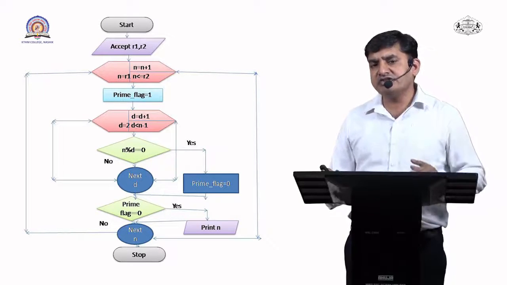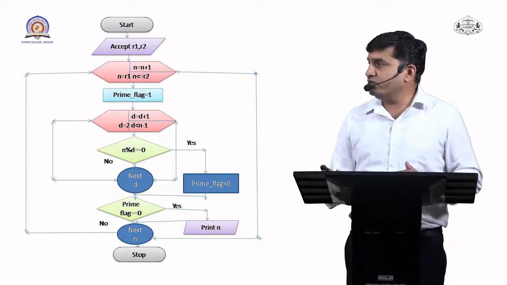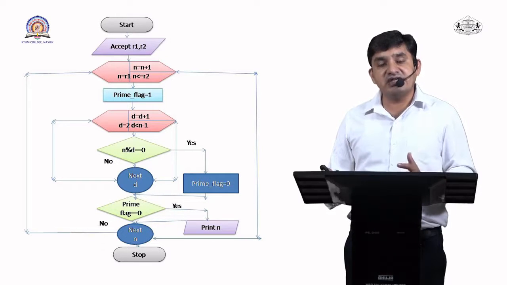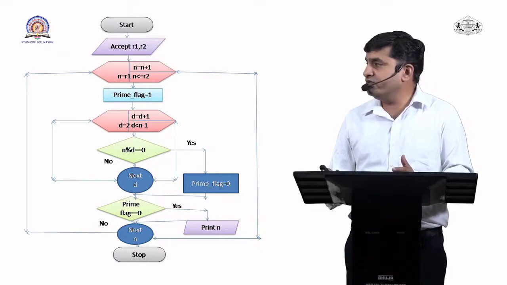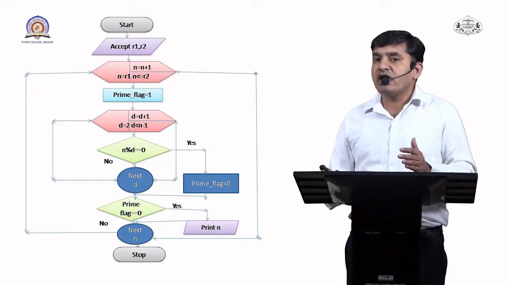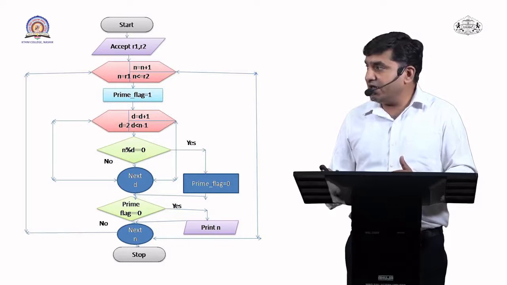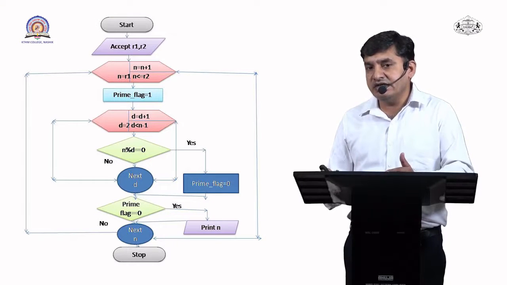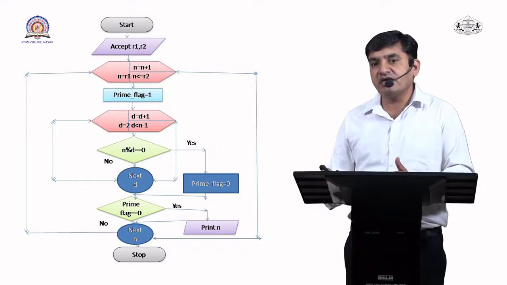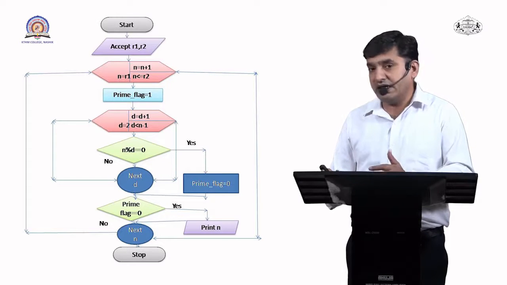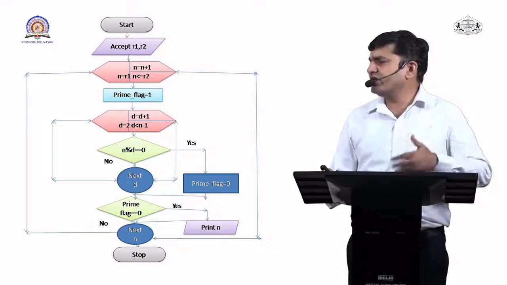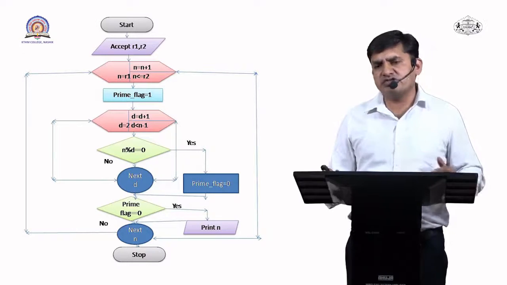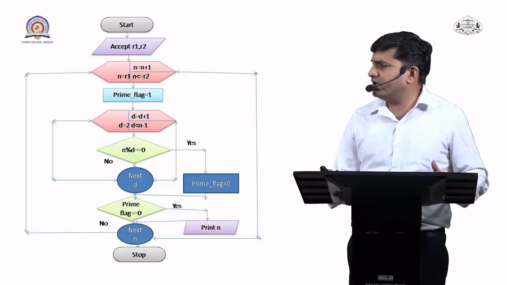R1 is the initial value, R2 is the final value, then n is considered as R1, the first value, then d is equal to 2, n is divided by d, d is incremented by 1 up to n, and the process is carried out until we get the range of prime numbers in between R1 and R2.